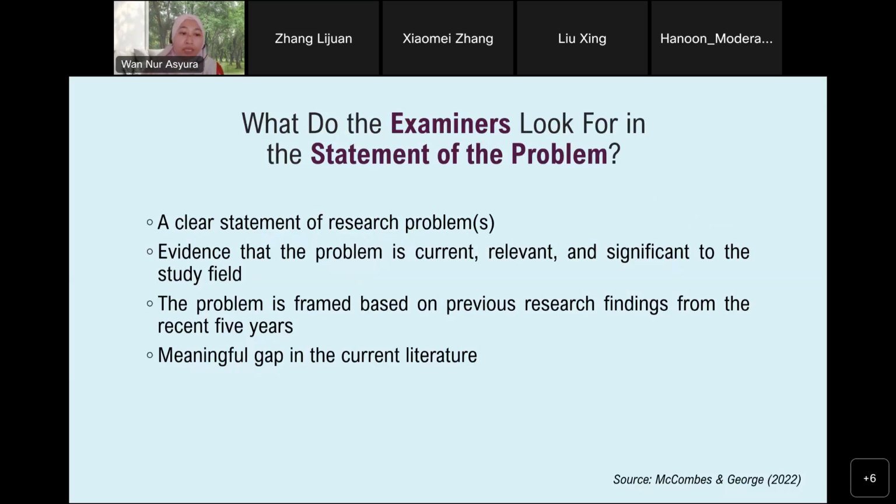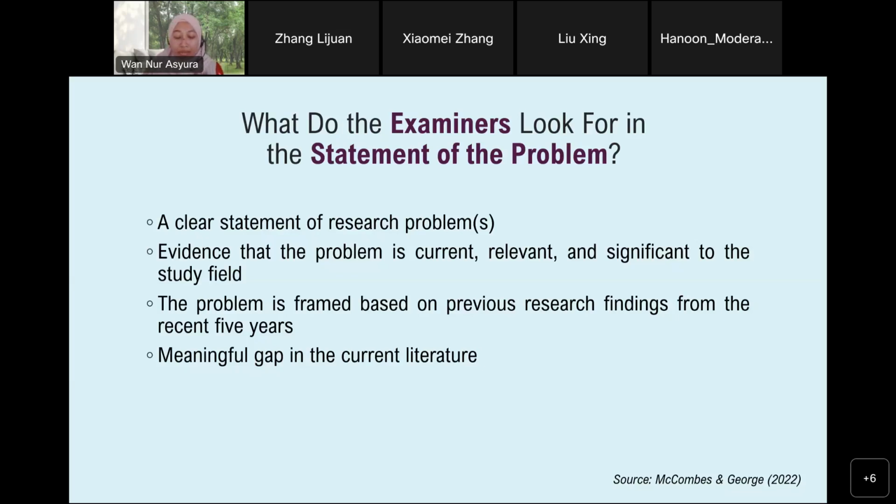All right. I will also look at whether or not the problem is framed based on previous research findings from the recent 5 years. That means when you write your statement of the problem, you can't really just give your opinion.